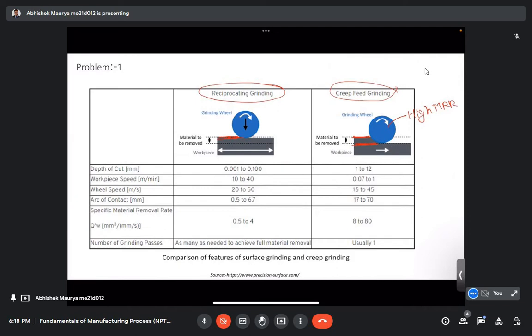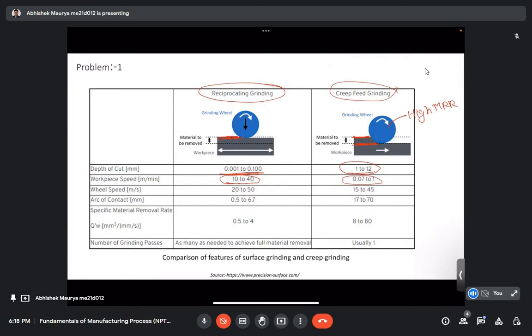Here we don't need MRR, we just need to improve the surface finish. Therefore we can see depth of cut here we have 0.001 mm to 0.1 mm, whereas here depth of cut is very high. It goes from 1 to 12 mm, which is too much. Similarly, workpiece speed in meters per minute: here we have 10 to 40 meters per minute, but here we have lesser workpiece speed.